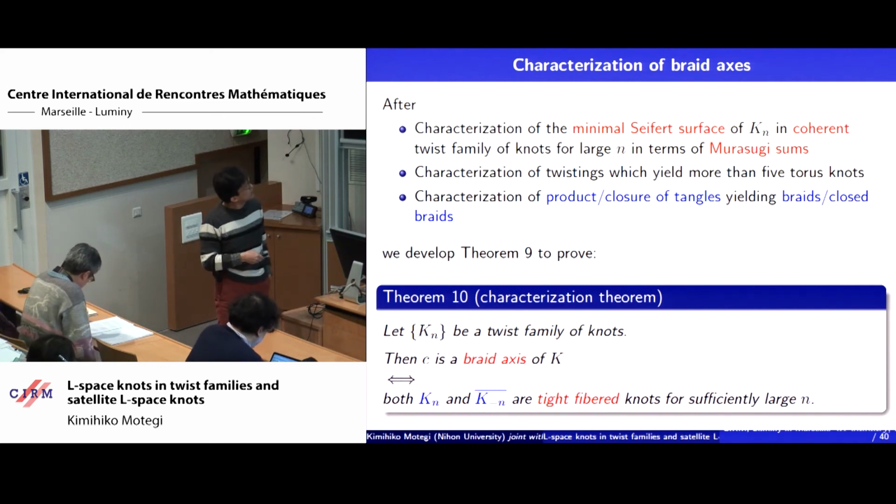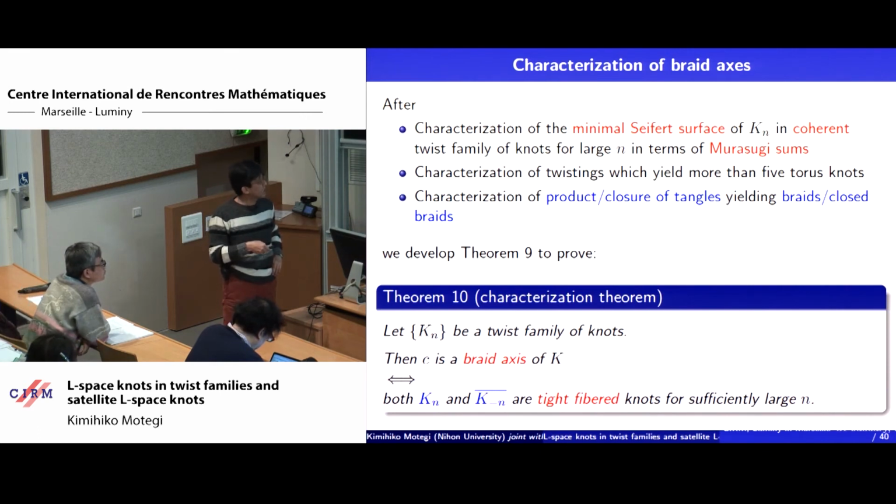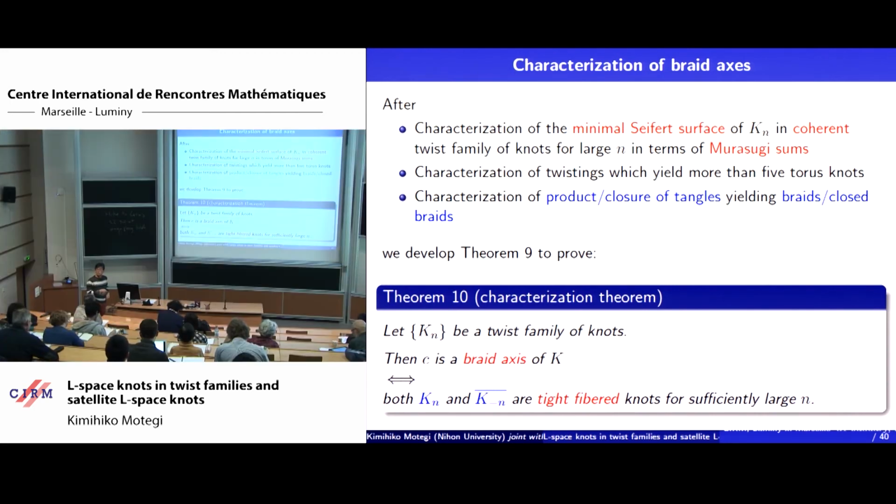Let K_n be a twist family of knots. Then C is a braid axis of K if and only if K_n and the mirror of K_{-n} are tight fibered knots for sufficiently large integers n. So this means that the converse of the example I just mentioned still holds.